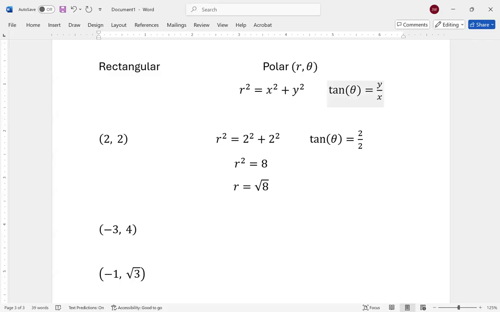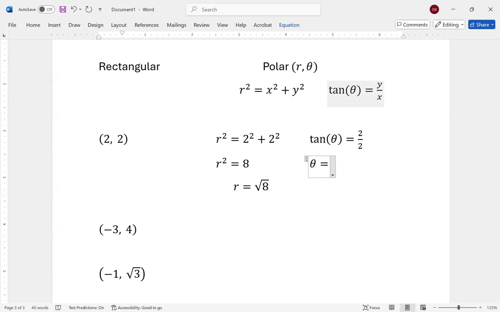When I go ahead and solve for that, I would do the inverse tangent, which is the actual value for theta.